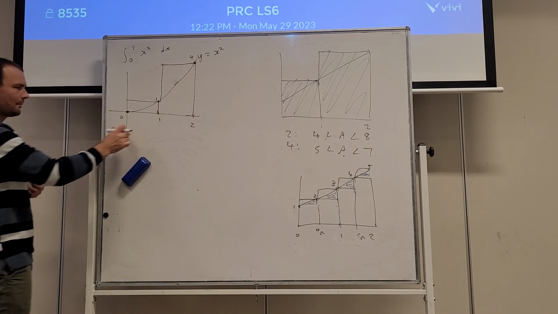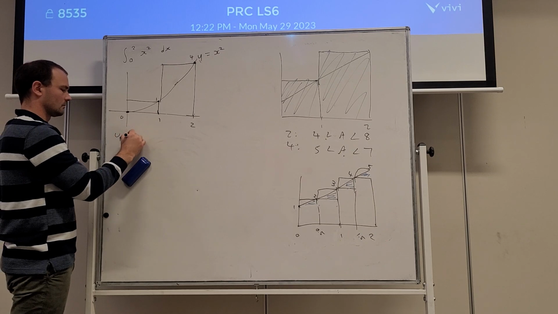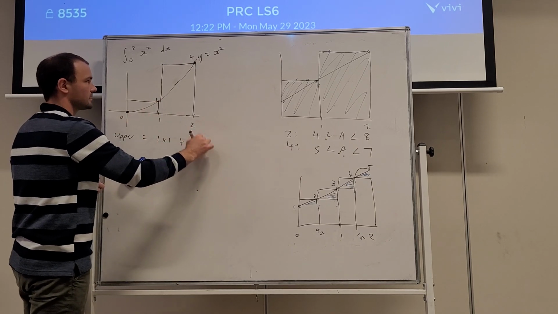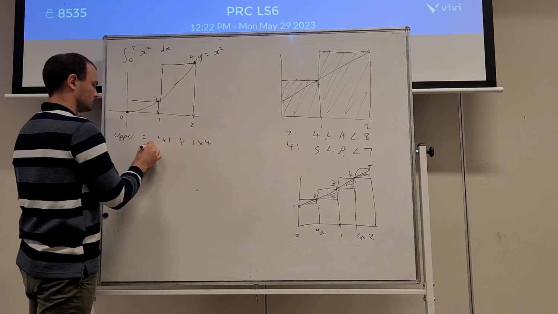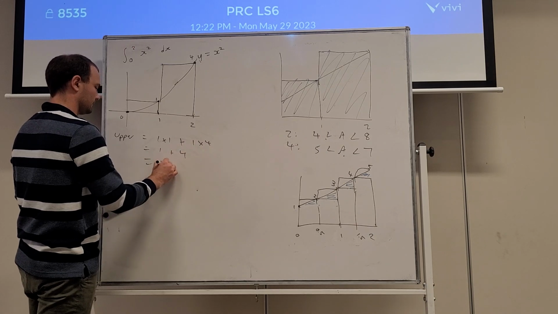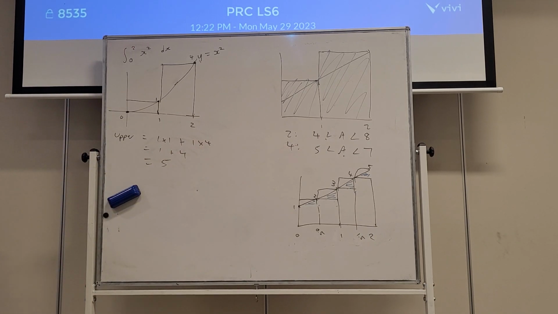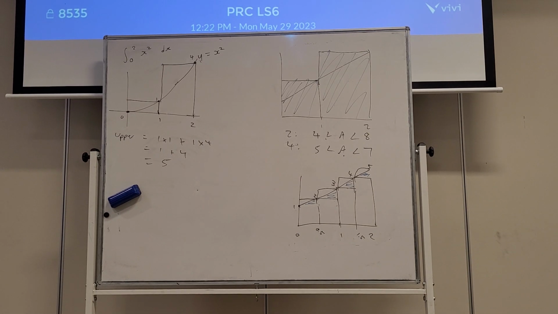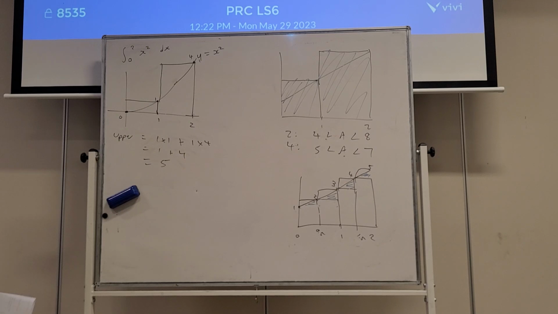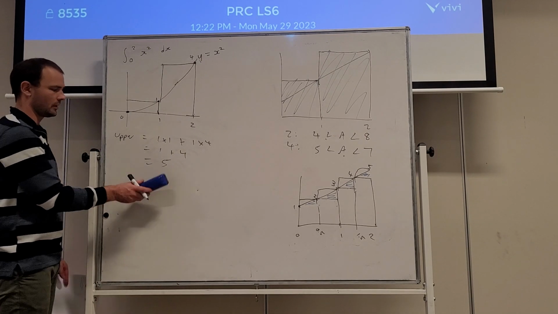So for our upper estimate, we're going to have 1 times 1 plus 1 times 4, which is 1 plus 4, 5. So that's the upper estimate.